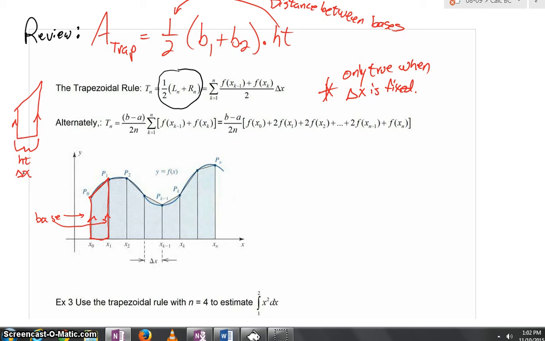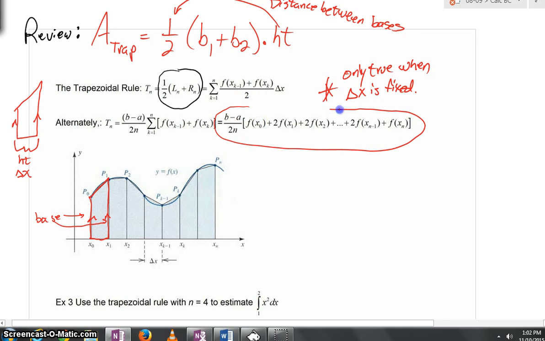And as you're looking at this little picture right here, you might be thinking, okay, well, I definitely see all these trapezoids coming into play. And then they give you this very obscure looking formula, and just the complexity of it undoubtedly is going to be intimidating for some students. You know, sometimes kids look at that and they're like, oh my word, that looks super complicated. You've got a b minus a over 2n.